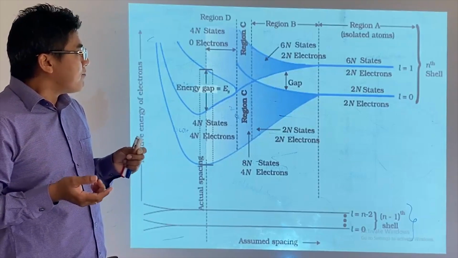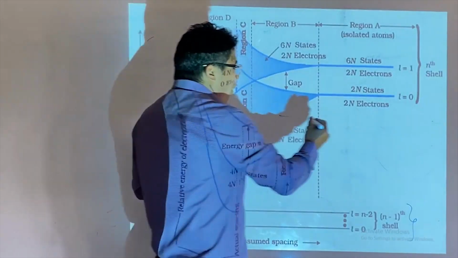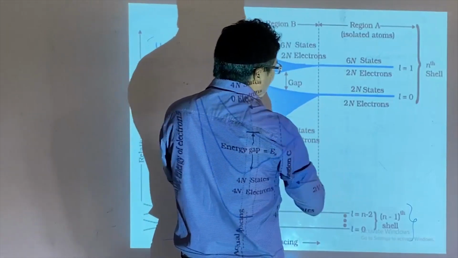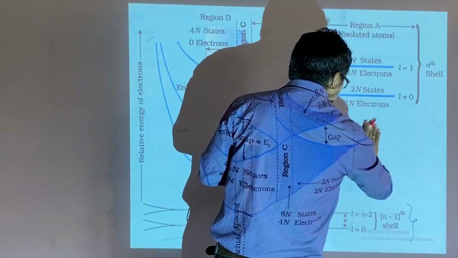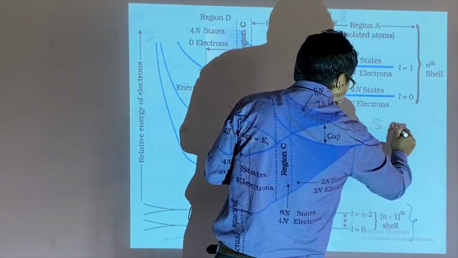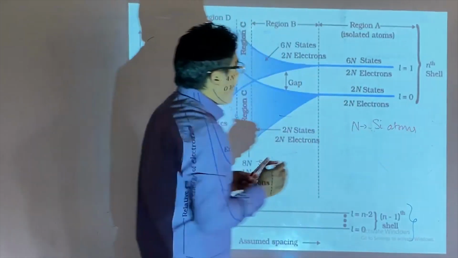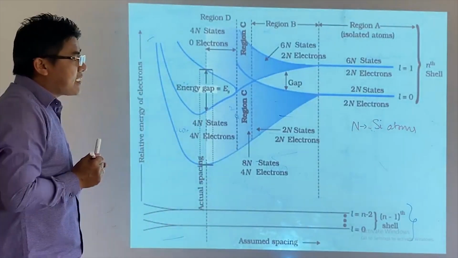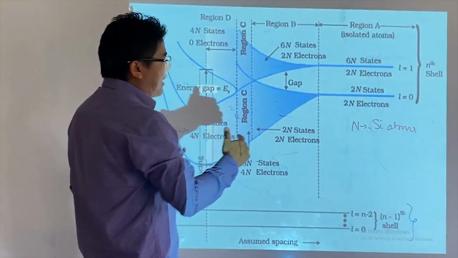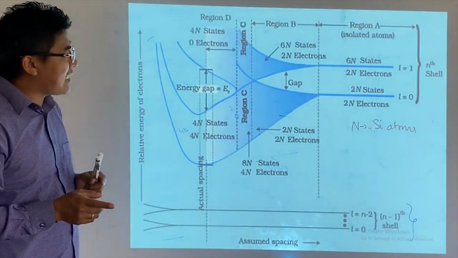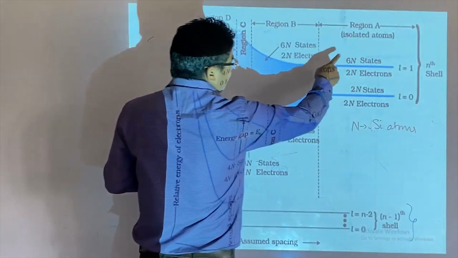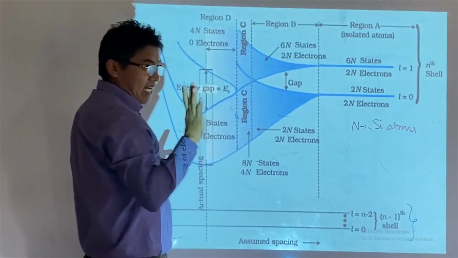So if I have n number of silicon atoms, each silicon atom has 2 electrons in the S shell and 2 electrons in the P shell.